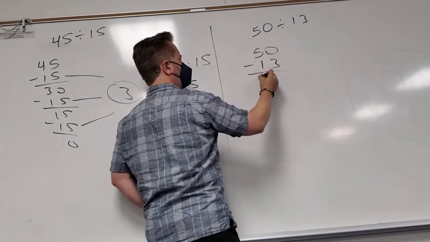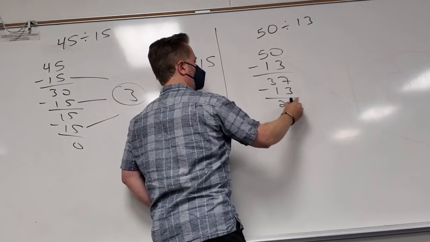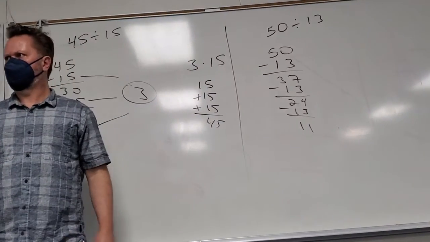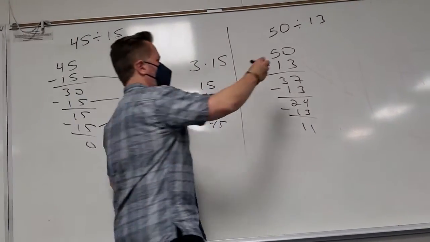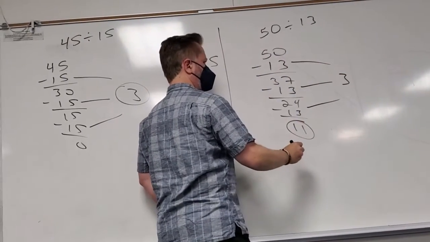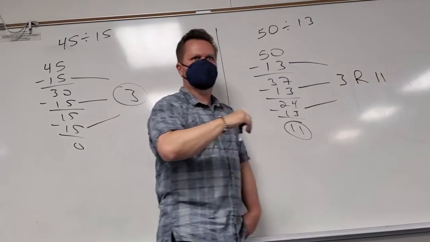So 50 minus 13 is 37, 37 minus 13 is 24, 24 minus 13 is 11. And of course, we can't do any more. So this will be 1, 2, 3, remainder 11, right?